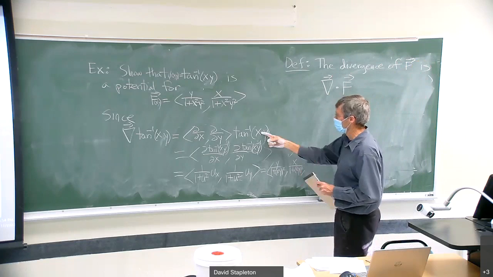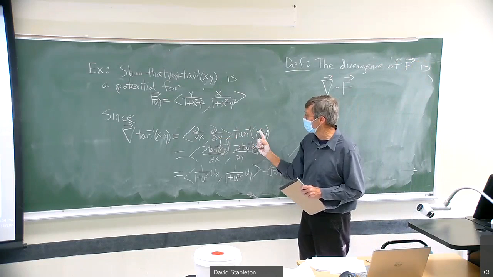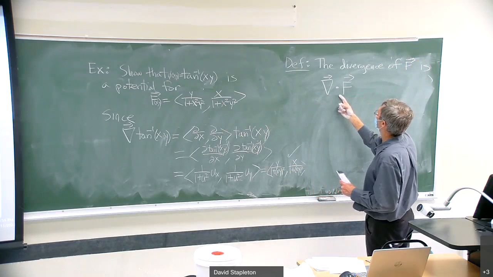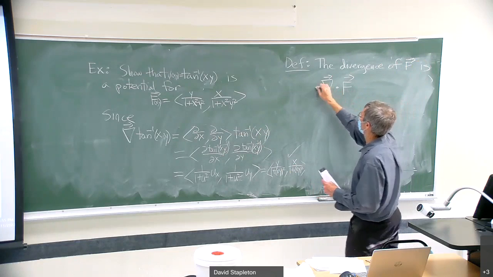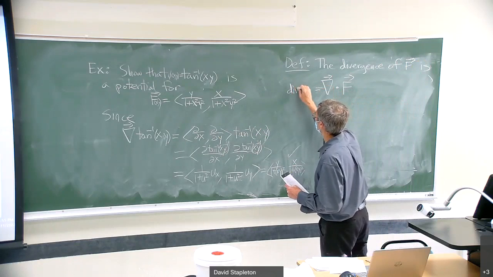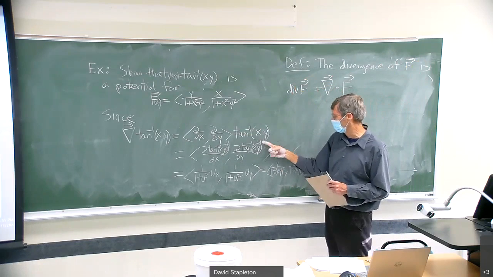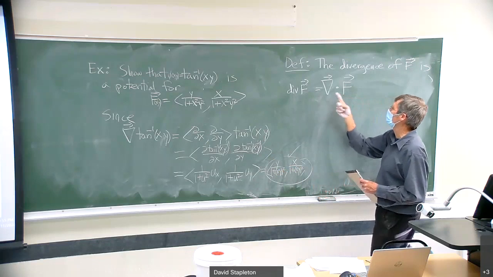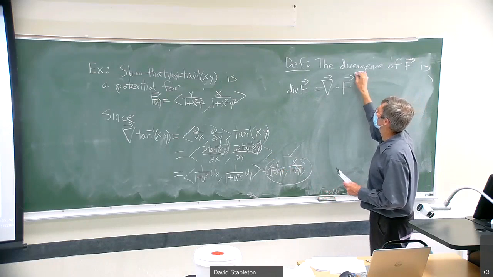So you can take the gradient of a function by just applying d dx to the function and d dy to the function to get a vector, but you can also take the dot product of a gradient with a function. We'll call that the divergence. And interestingly enough, if you take the gradient of a function, you get a vector, but if you take the divergence of a vector, you get a function, because this dot product is going to give you a function. So that's going to be the divergence.